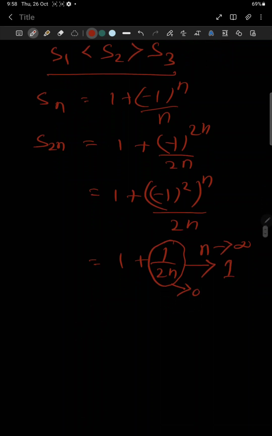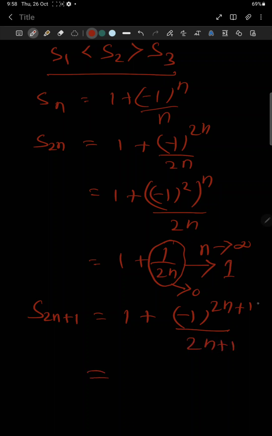Okay. Similarly, if we calculate S2n plus 1, the odd subsequence, it gives 1 plus (minus 1) whole to the power 2n plus 1 divided by 2n plus 1. This exponent is an odd number, and minus 1 to the power odd number gives minus 1. Okay. It gives 1 minus 1 by 2n plus 1.